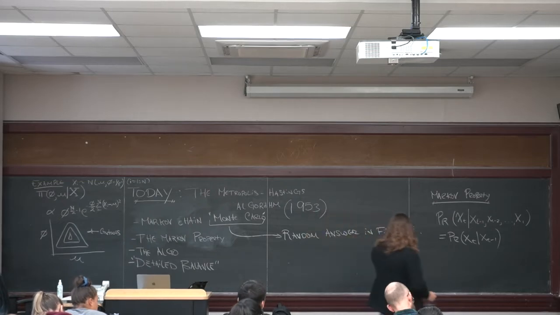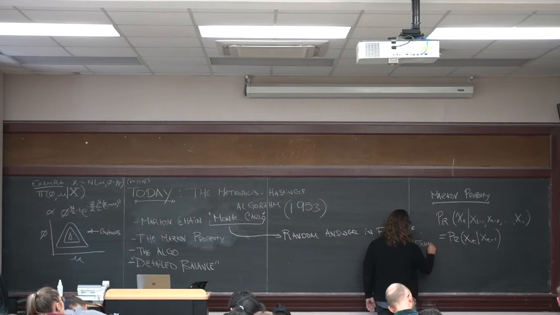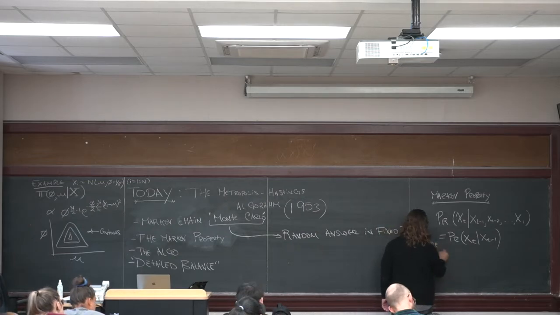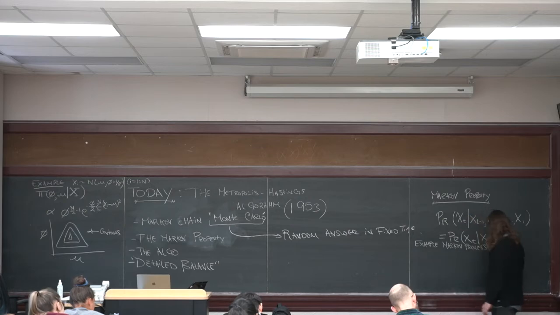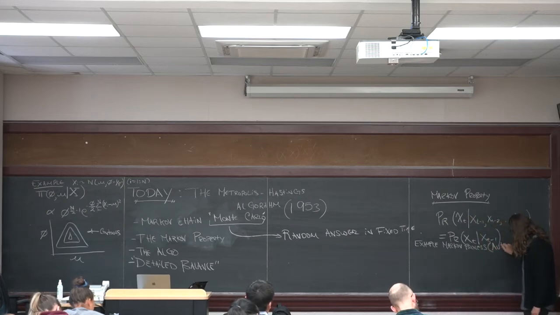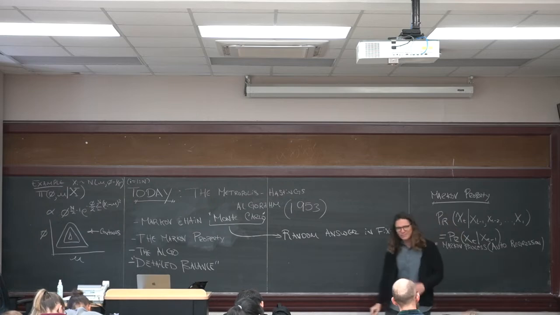So here's an example of a Markov process. This is called an auto-regressive model. They're very similar to just regression models.